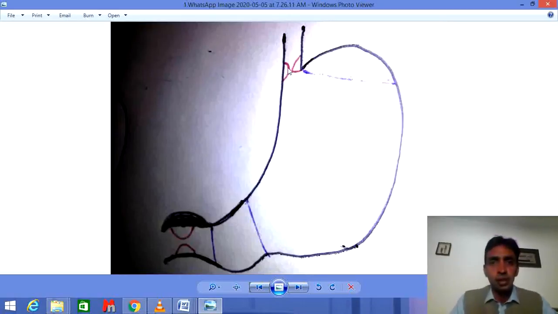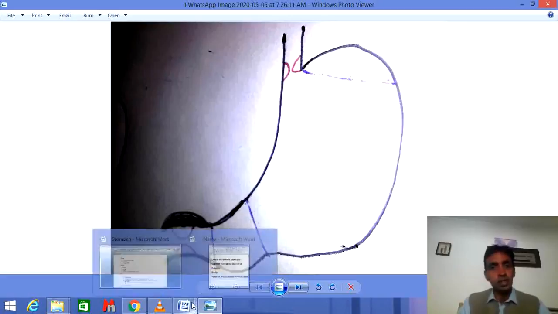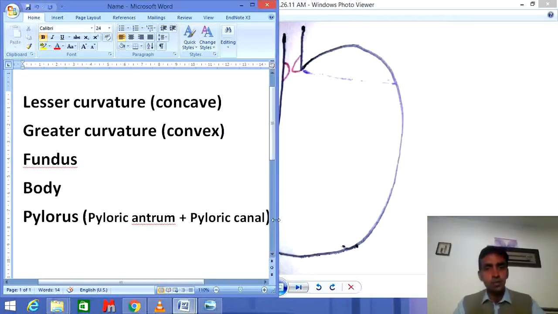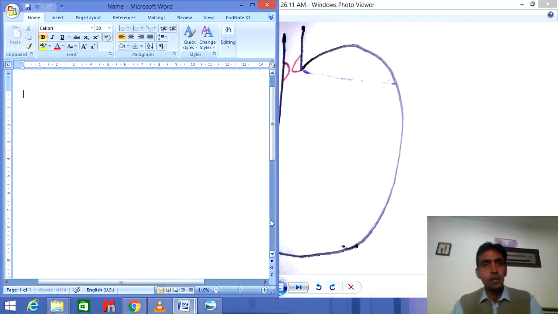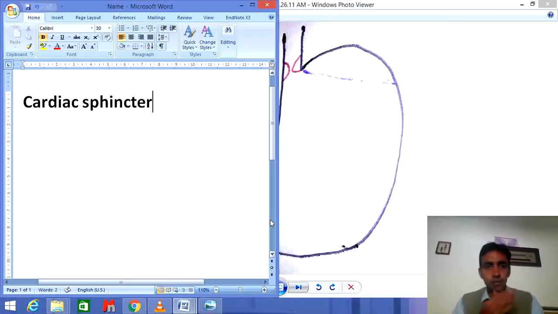This one is called the lower esophageal sphincter or cardiac sphincter.